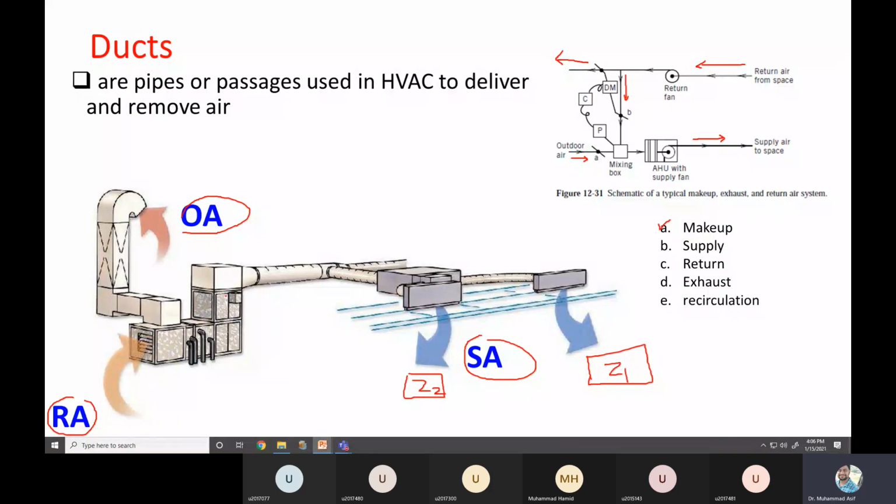There is a main duct, and from the main duct we have this branch duct. And similarly, the air which is taken from outside is called the makeup air, as I discussed here, the makeup duct.